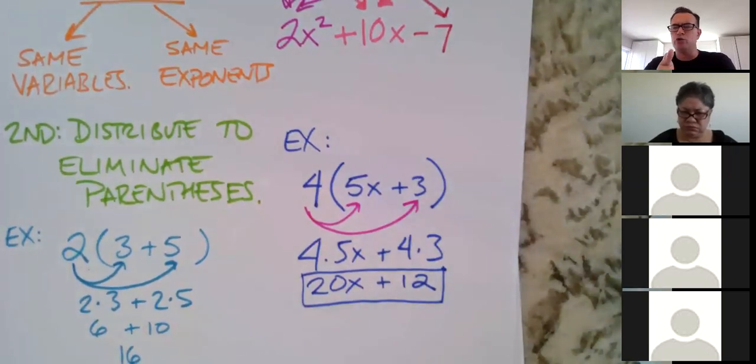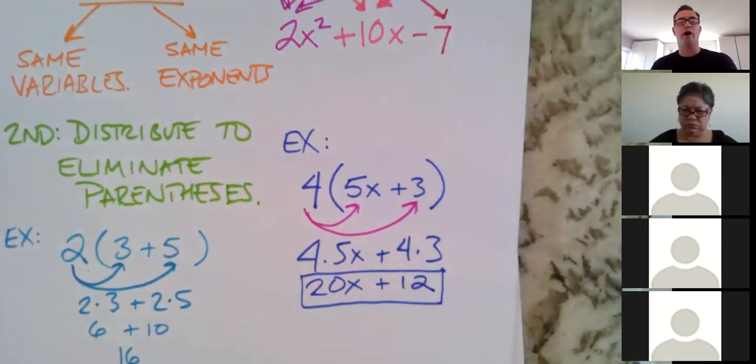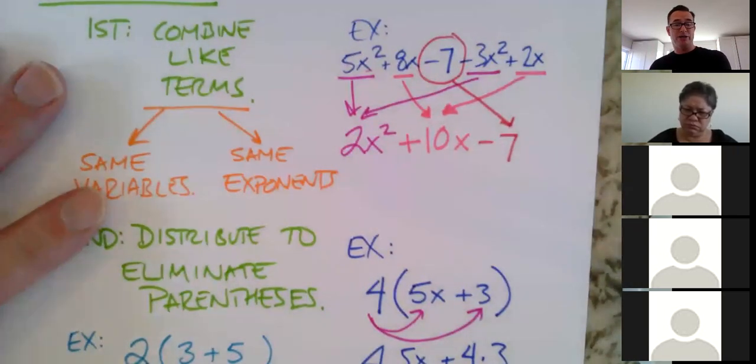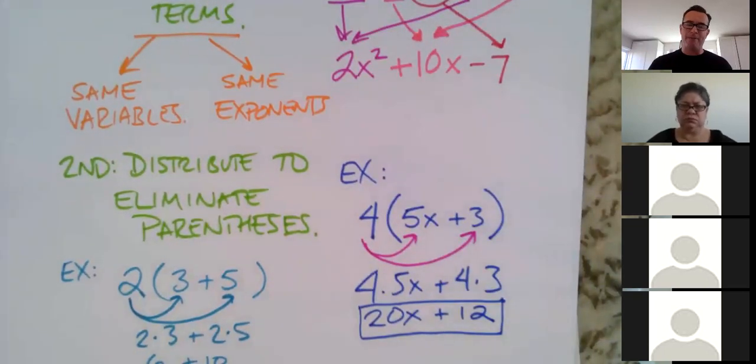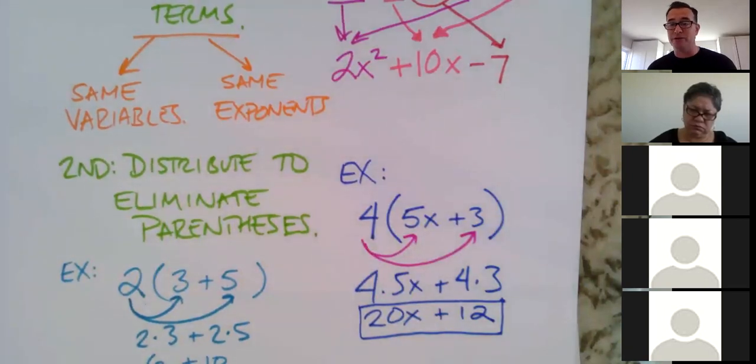Now, most of what I have just taught, these are all of the rules, and I'm not going to give you any new rules. They're just these two: combining like terms and distributing to eliminate parentheses. What tends to happen is that there will be ways that they combine these that look more confusing, so I'd like to give you some other examples to show, okay, this is something you may have to think about, so that you have some different examples to go off of.